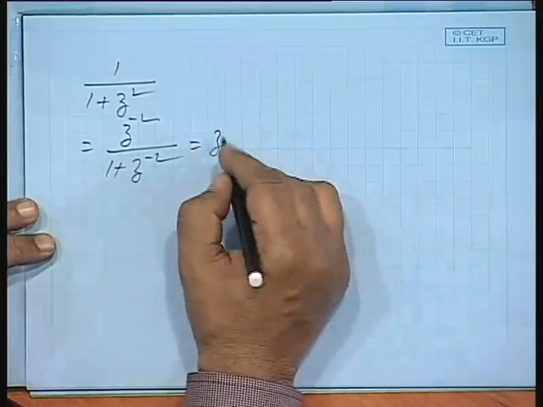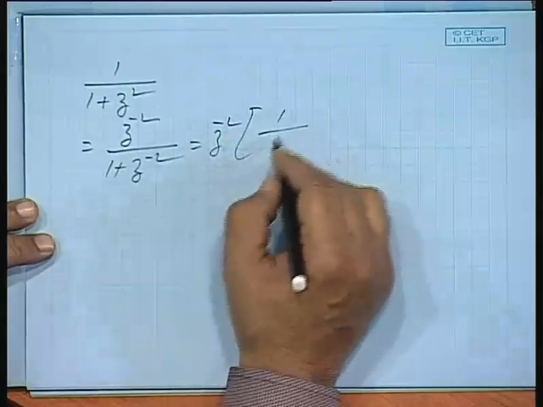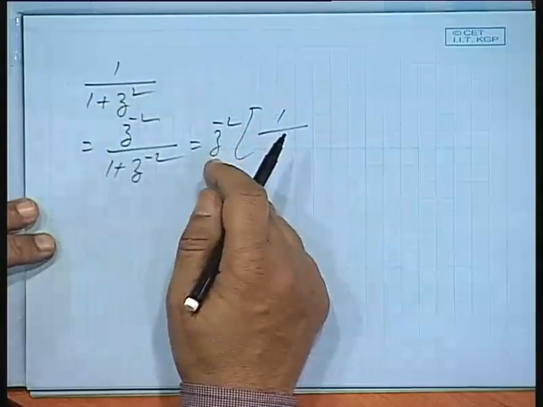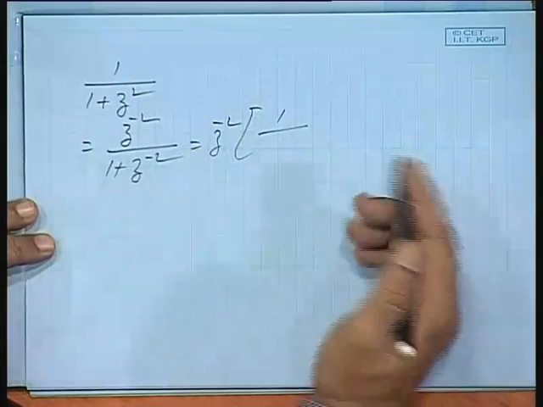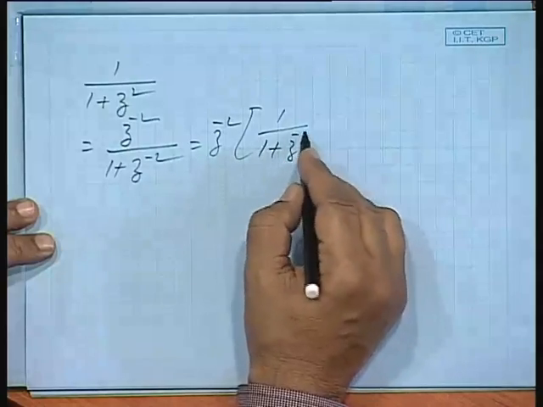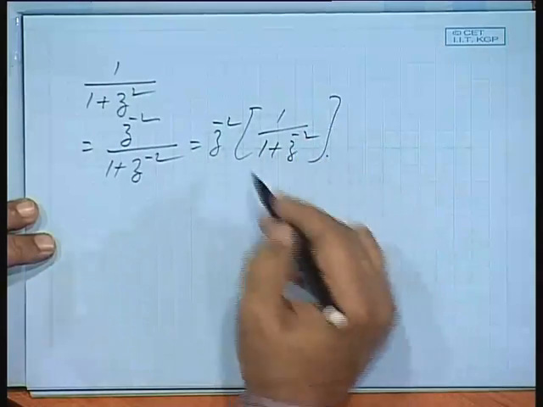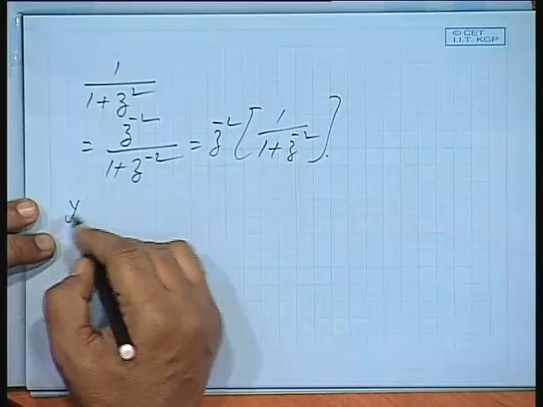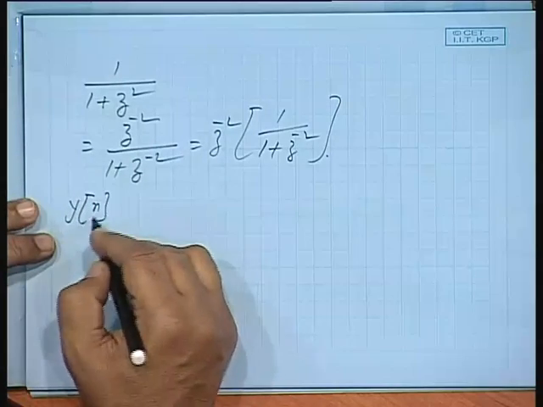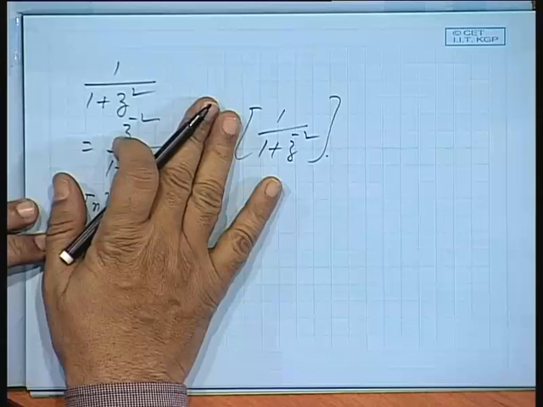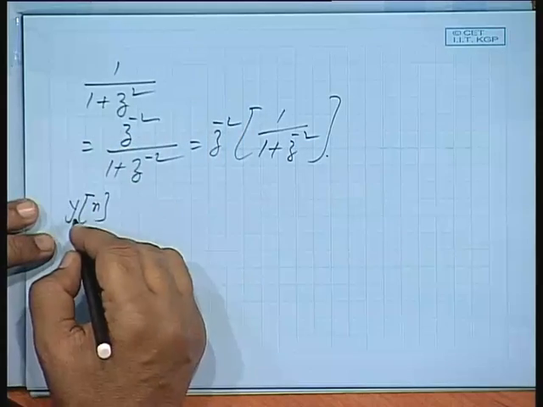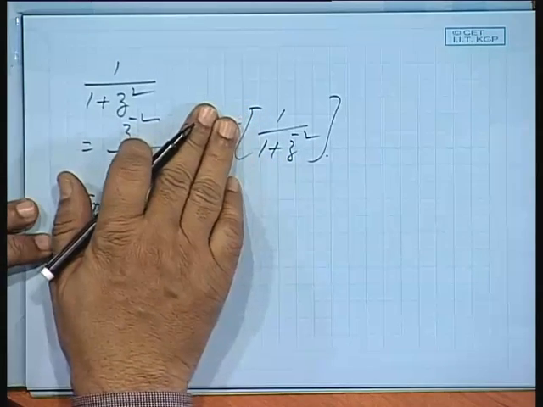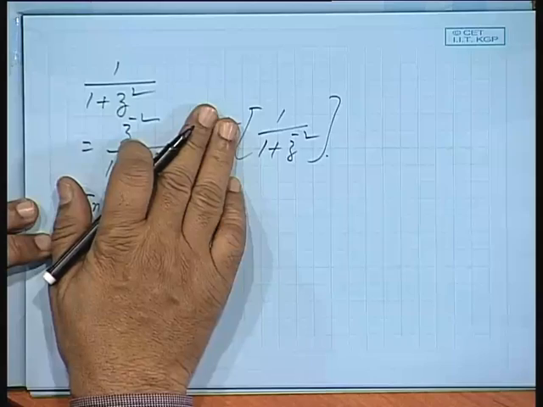Now, I will take Z to the power minus 2 out, I will give at the end a shift of 2 steps and determine the Z inverse of this. So, what will be y n corresponding to this? Let us call it y1 n. What is the Z inverse of this?